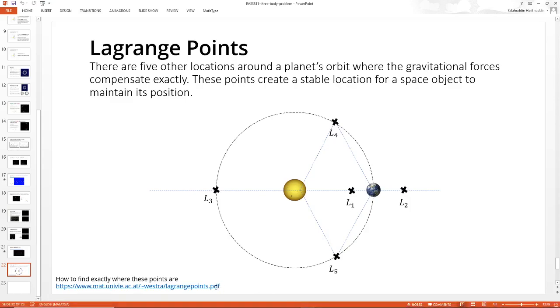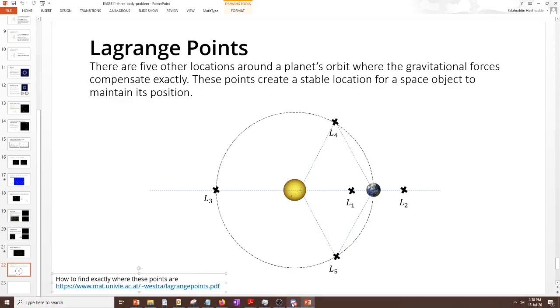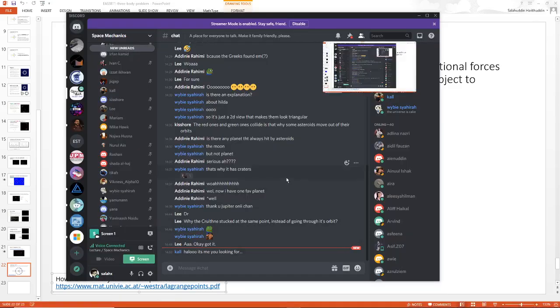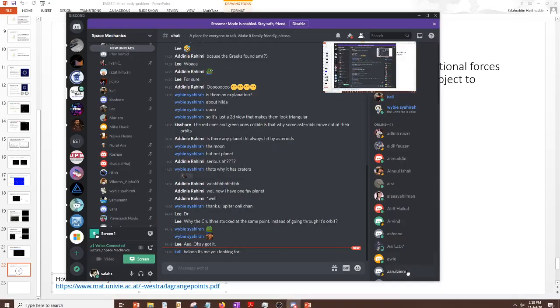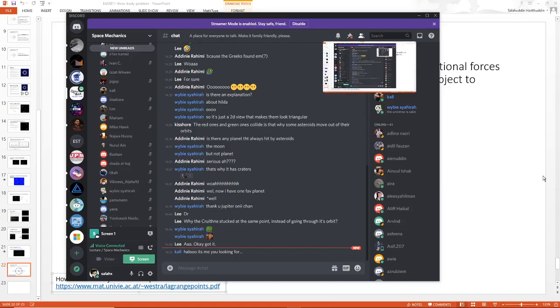If you need to look at the mathematics of Lagrange points, I encourage you to look at this paper right here. It involves the equations and everything. Okay, so that will be all for today. This is probably the first time I'm doing engineering with no numbers or minimal numbers.